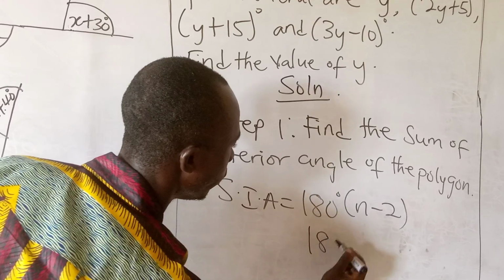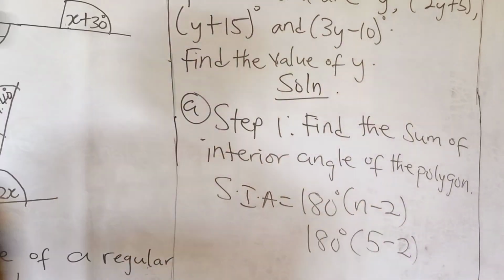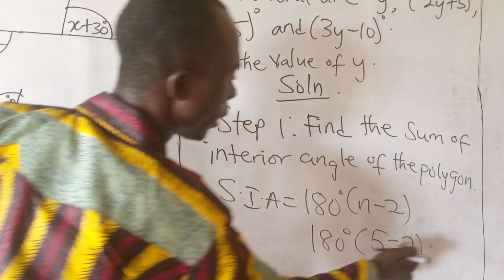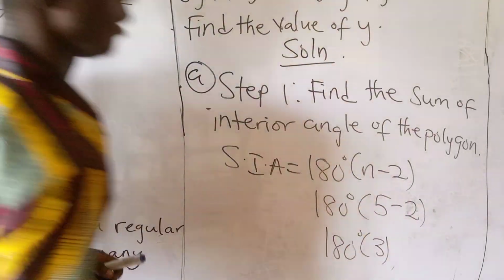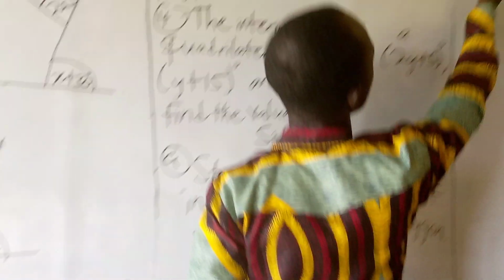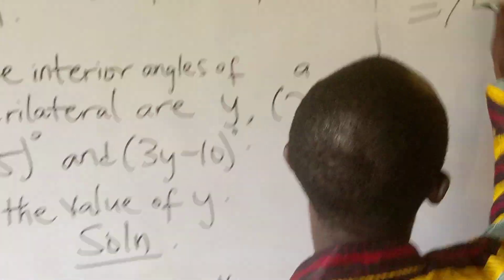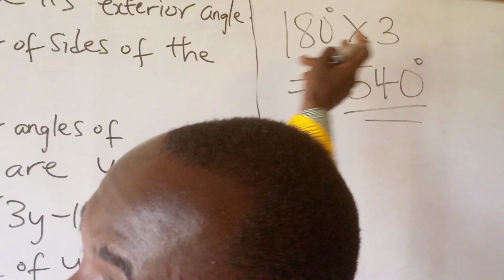So 180, our number of sides is 5 because it has 5 sides. So 2 subtracted from 5, we are getting 3. And 180 times 3, it becomes 540 degrees. Always do not forget to bring your degree sign.